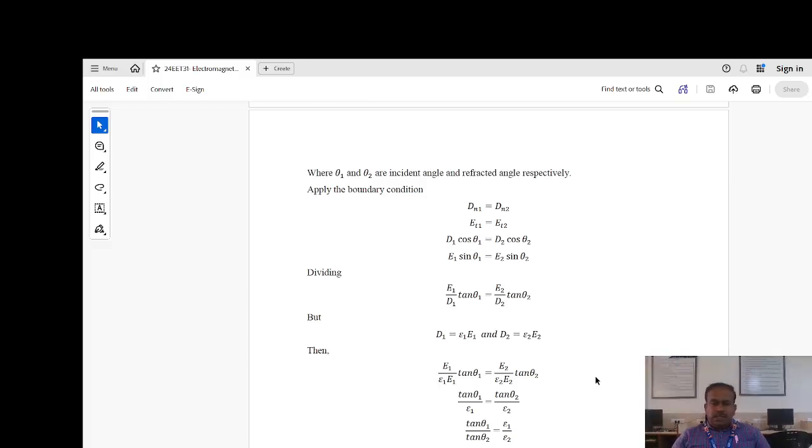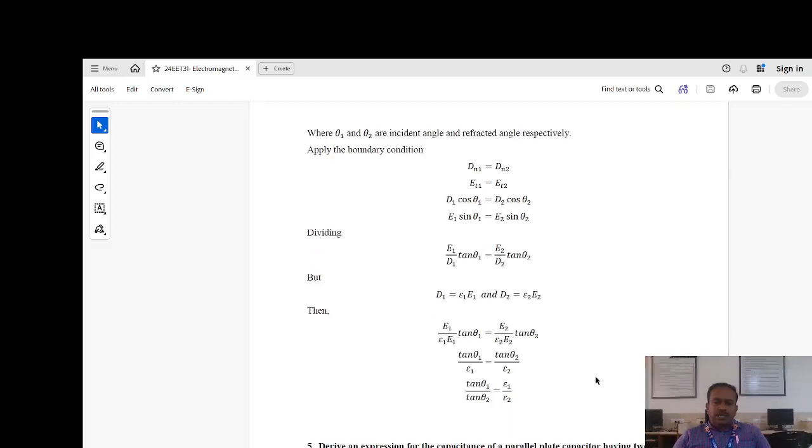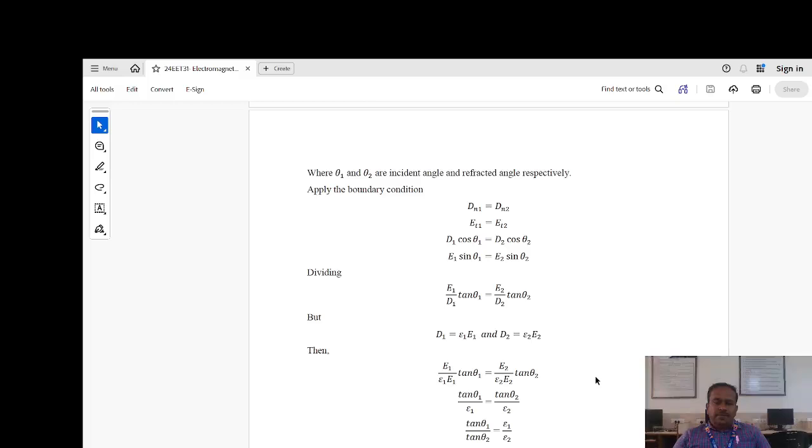From this, tan theta 1 divided by epsilon 1 equals tan theta 2 divided by epsilon 2, so tan theta 1 by tan theta 2 equals epsilon 1 by epsilon 2. This is the electric boundary condition for the electric field between the two dielectric media epsilon 1 and epsilon 2. The final equation is tan theta 1 by tan theta 2 equals epsilon 1 by epsilon 2.